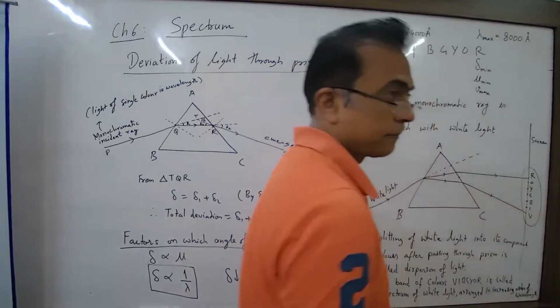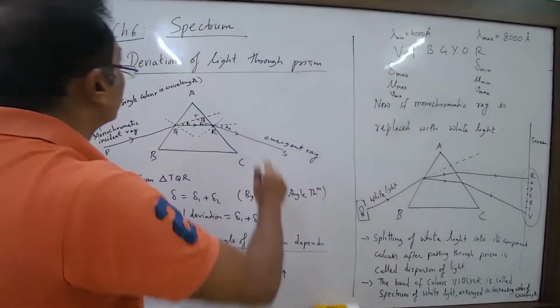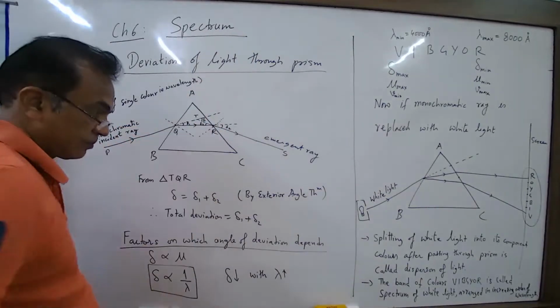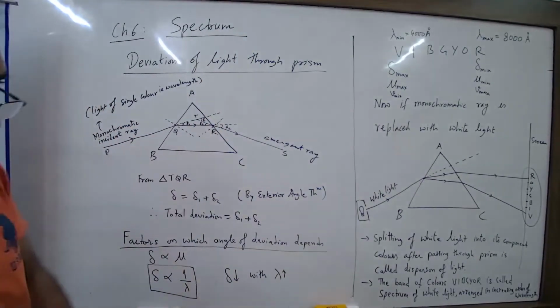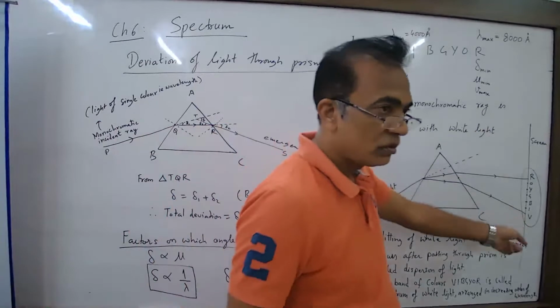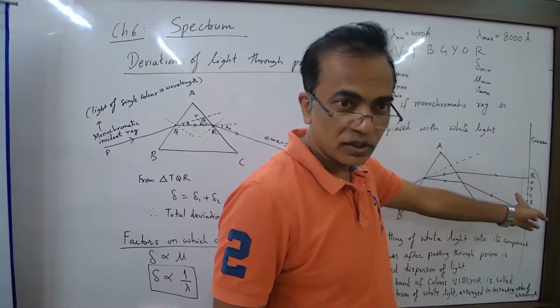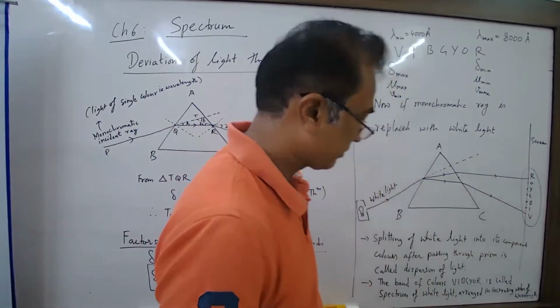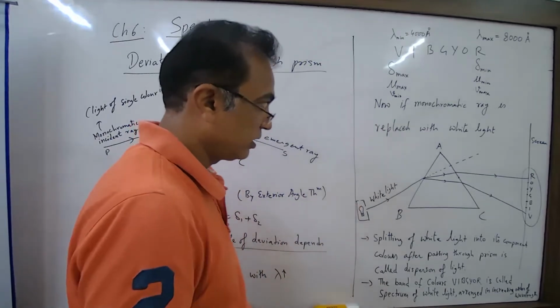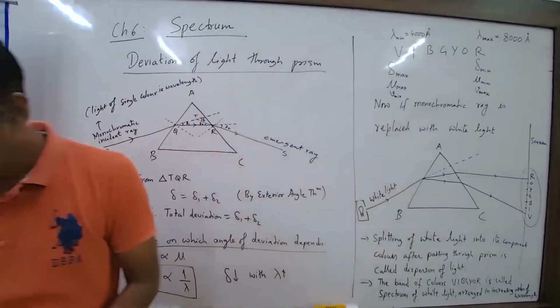Is it clear? So we have described what is spectrum, right? Since this spectrum is visible to us, it is also called the visible spectrum, right? Suppose you write down till here, then I will go further.